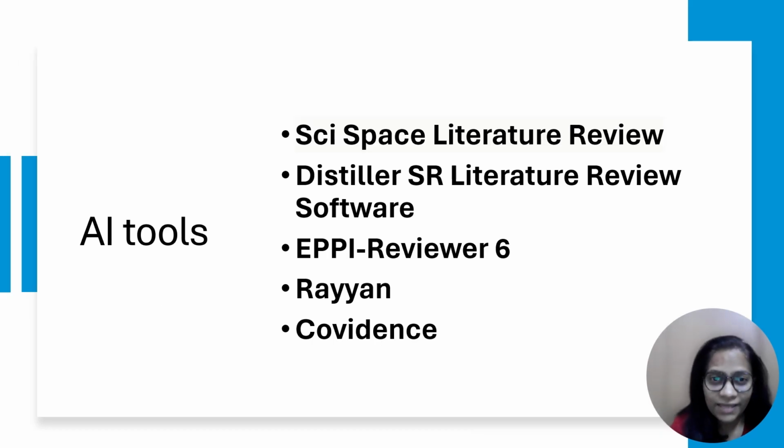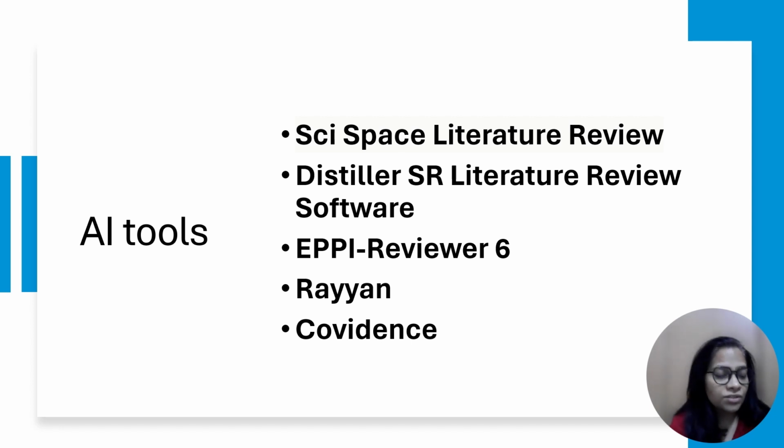So there are AI tools that can significantly assist in various stages of conducting systematic reviews. For screening and selection, AI tools like Rayyan and Covidence prioritize and screen articles for relevance. So what it does is dramatically reduce the time needed for manual searching. And these tools also support blinding to prevent any biases. For data extraction, AI tools like SciSpace literature review and DistillerSR can automatically extract relevant data from studies, minimizing the need for manual input.